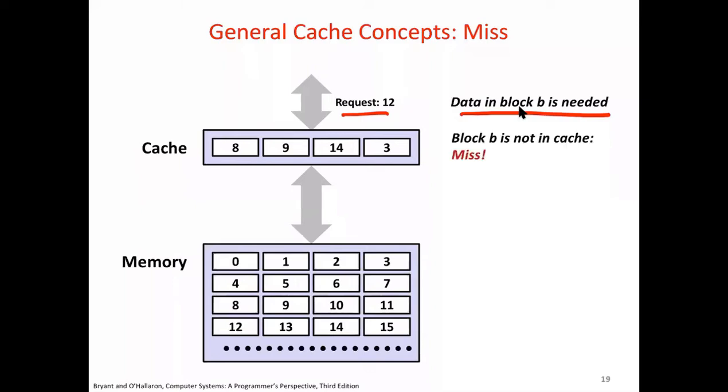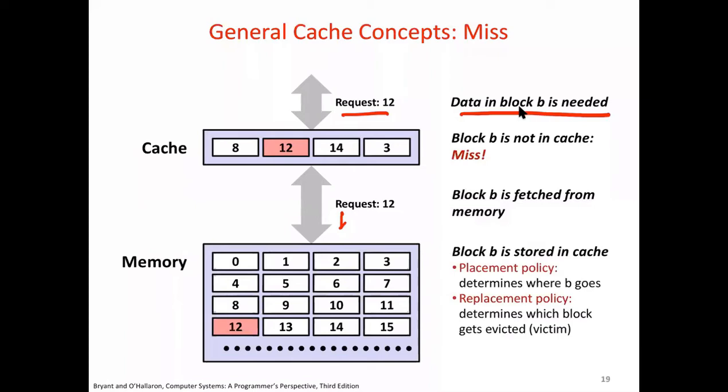Then it will request main memory for that block. Of course it is available in memory, and it will be transferred, and before transferring, one of the blocks will be evicted.